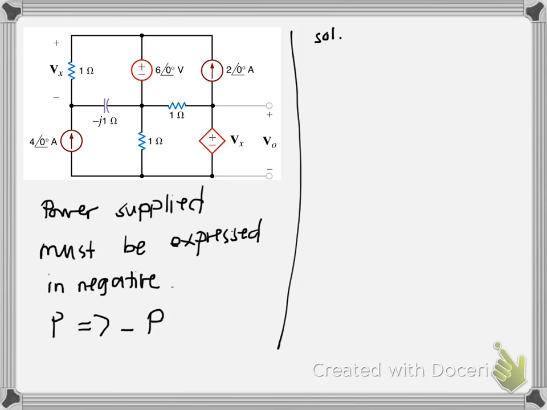So it's easier to analyze this using mesh analysis. So we have here I1, I2, I3, and I4.